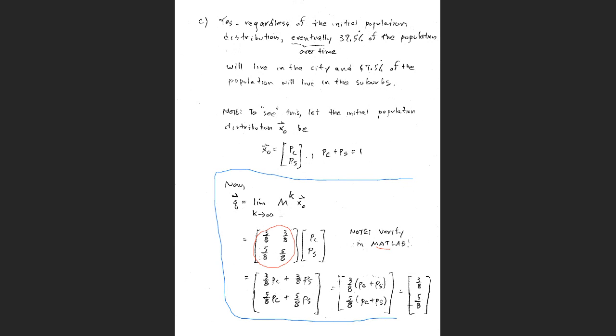You'll notice that the column vectors here are both Q. The column vectors are simply the steady state vectors repeated.